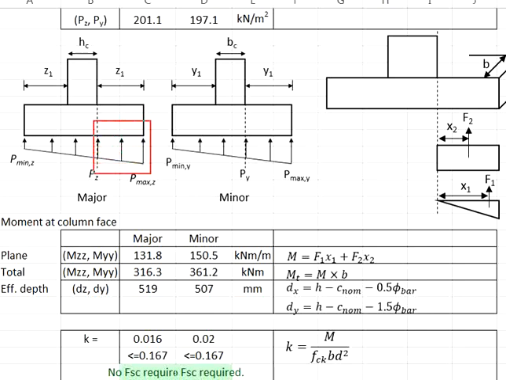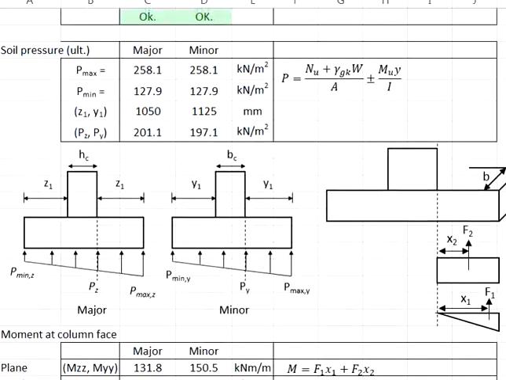This is calculated by converting the stress here into resultant force, multiplied by the lever arm. If you see the stress, P max Z equals 258.1 kN per meter square, and then PZ equals 201.1 kN per meter square.